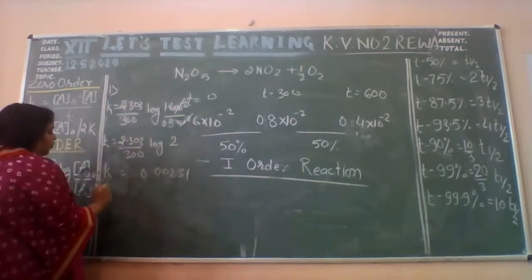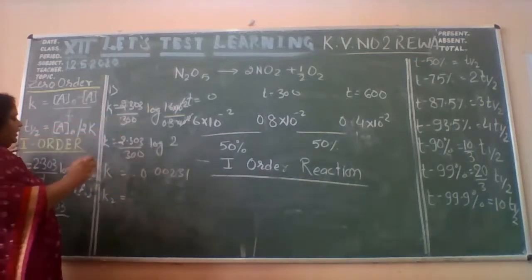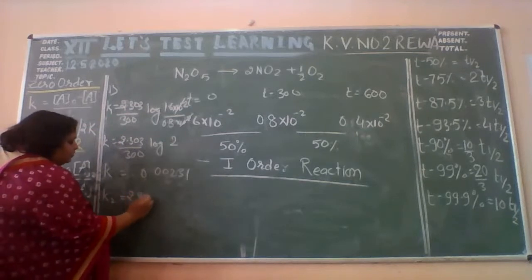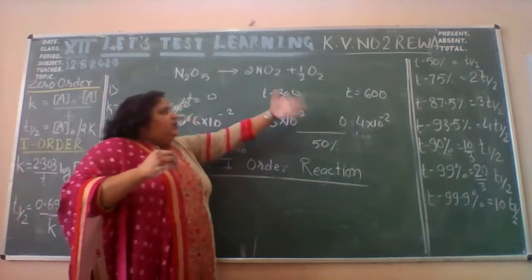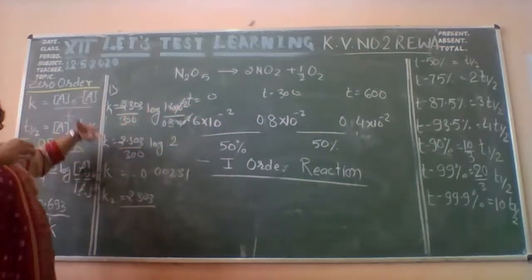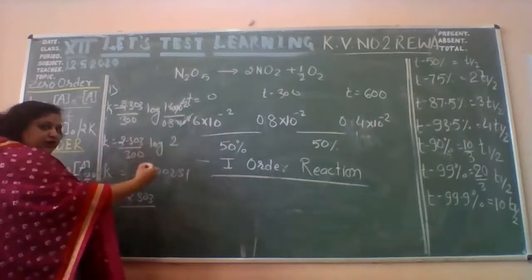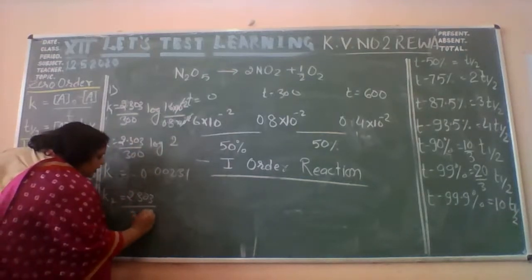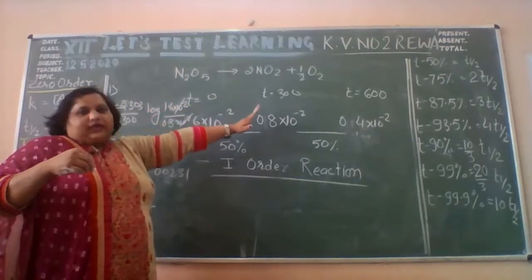Then K2, use the same formula. 2.303, again the change is 300 to 600, T2 minus T1, the formula I wrote at the start today. 600 minus 300, again 300, or you can use it for the primary to secondary also.